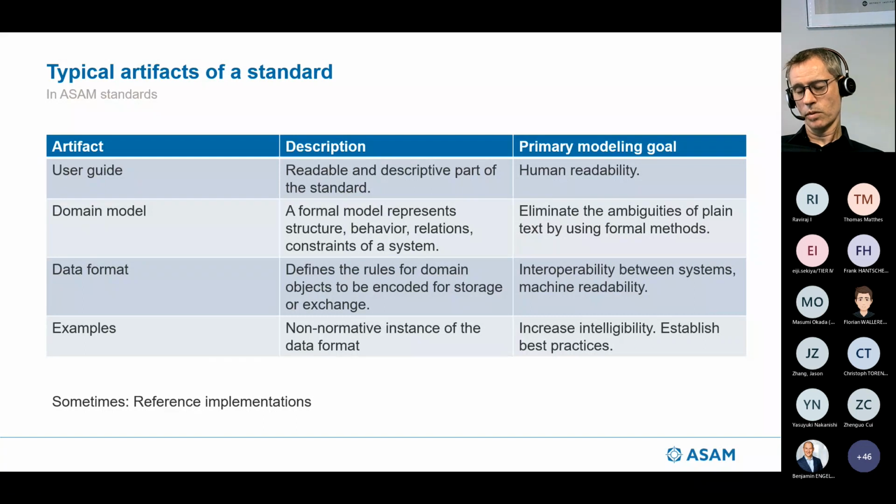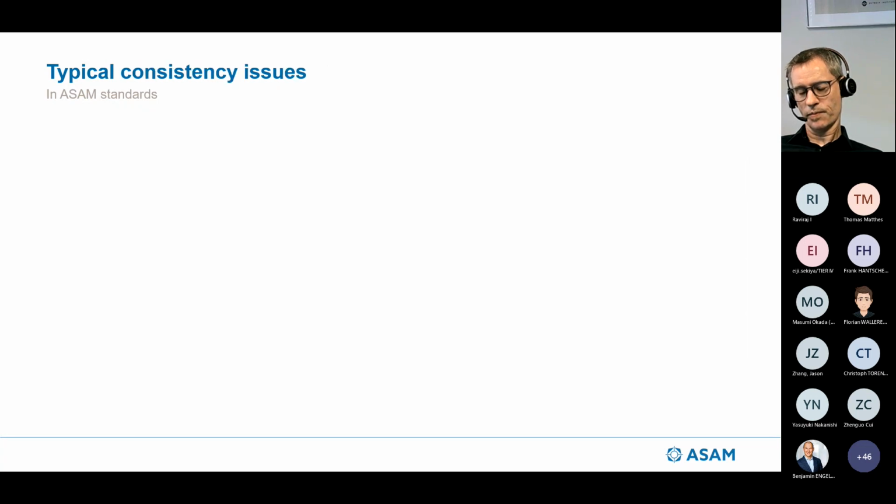Of course, we have human readability in here too, but today I think the primary goal is that someone reads domain objects in a specific format and someone writes the domain objects in a specific format. And of course, the examples normally have a non-normative instance of the data format, and they should increase intelligibility and establish best practice. Which gives us some hard time with consistency issues.